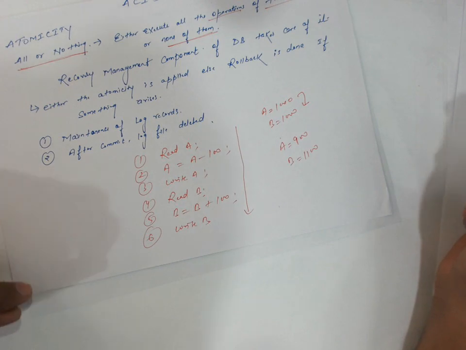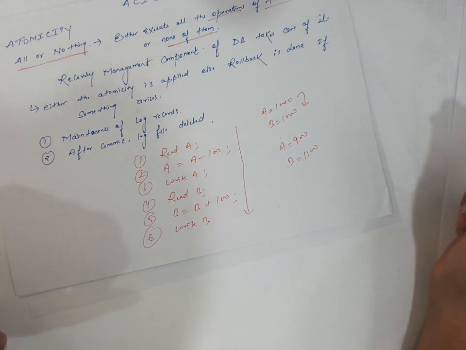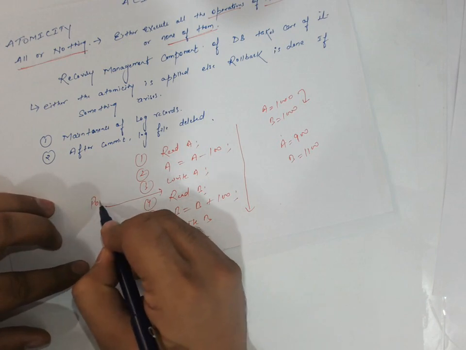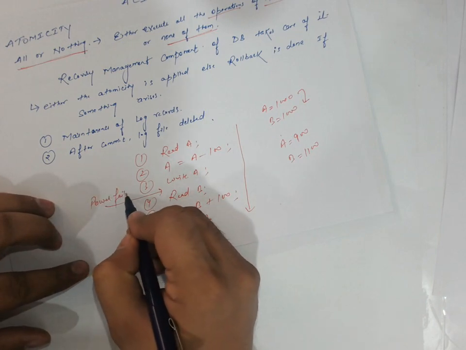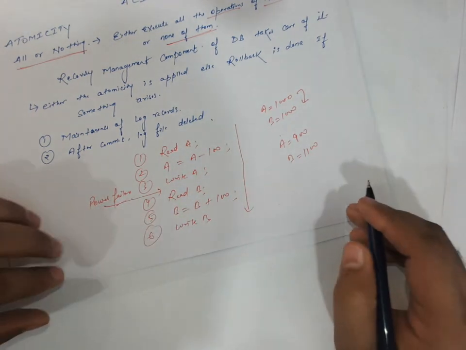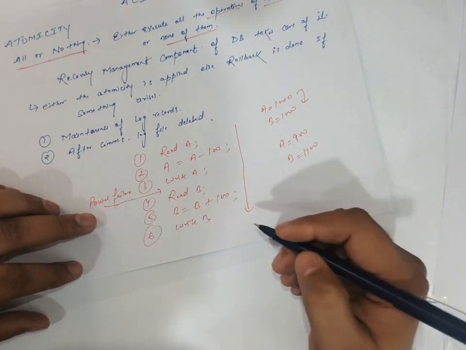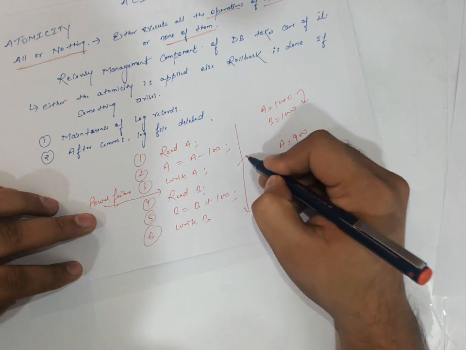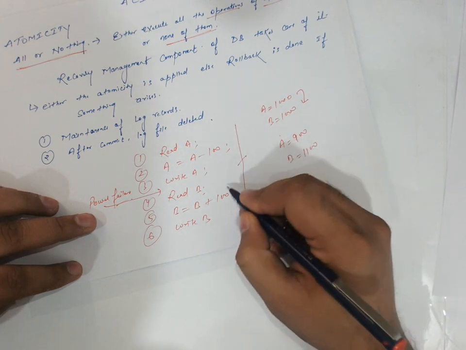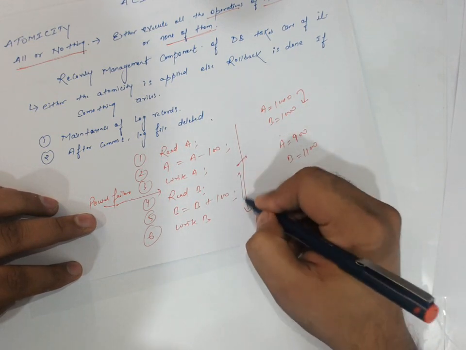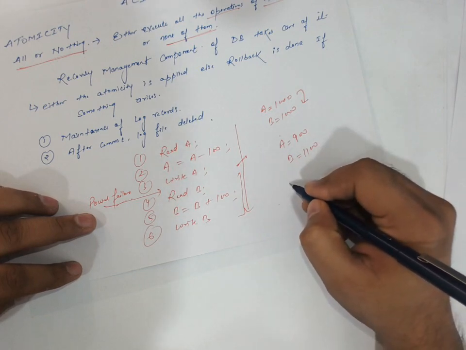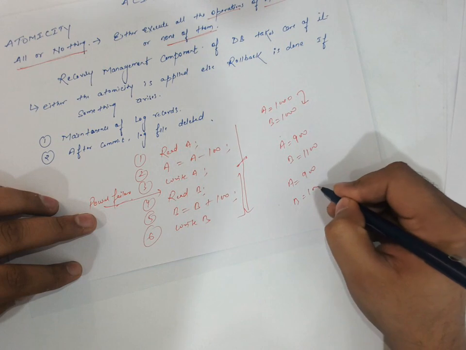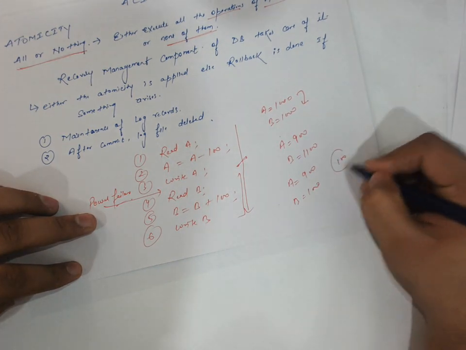But suppose there is a power failure just after instruction 3, or some other reason you couldn't perform the rest. Then you have deducted the amount from A, but it is not added into B. The after image will be A 900 and B 1000. Then 100 rupees is lost.